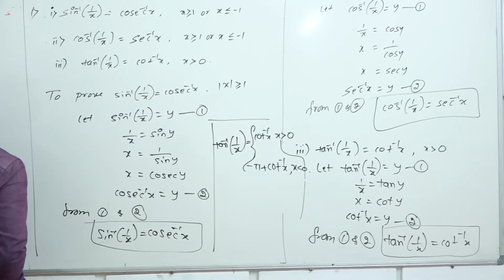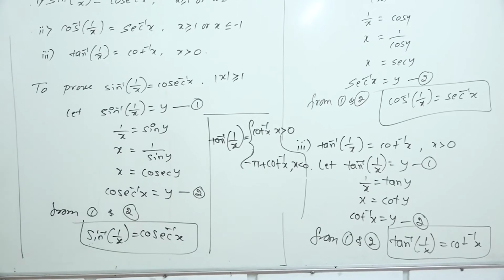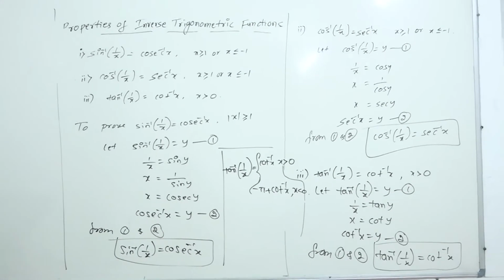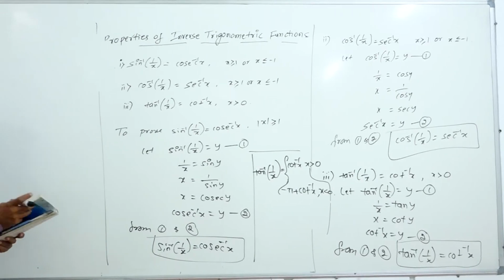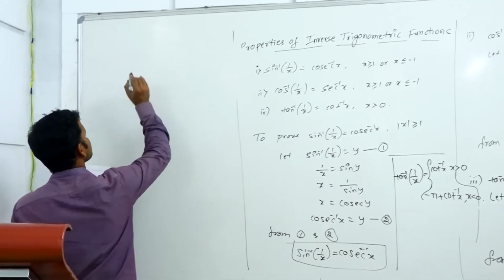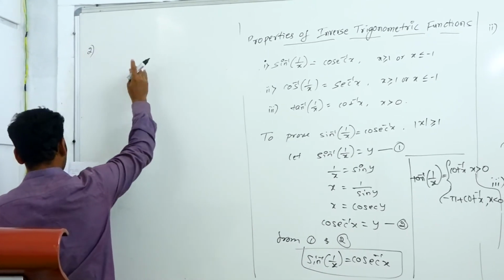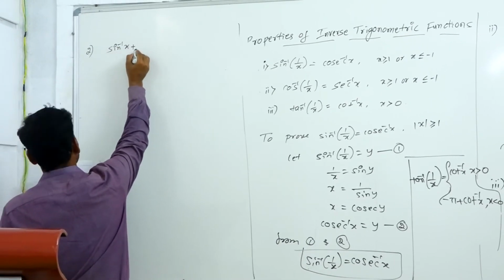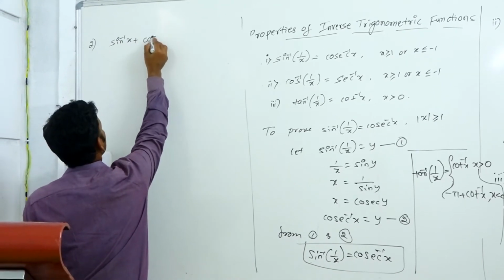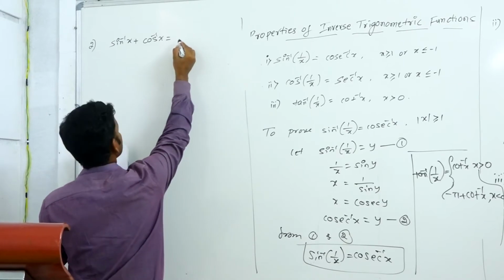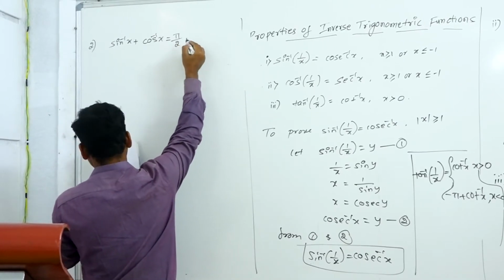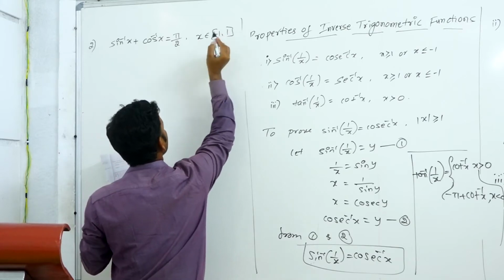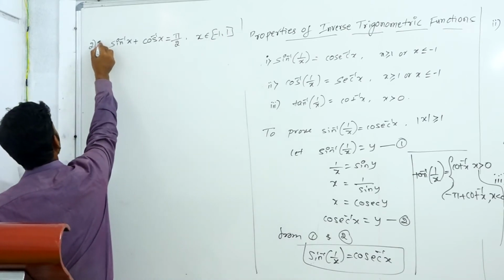Going to the next properties, that is an important property, again very important property. Many times in annual examinations questions have appeared for 2 marks. First one, sine inverse of x plus cos inverse of x is equal to pi by 2, where x belongs to the closed interval minus 1 to plus 1.